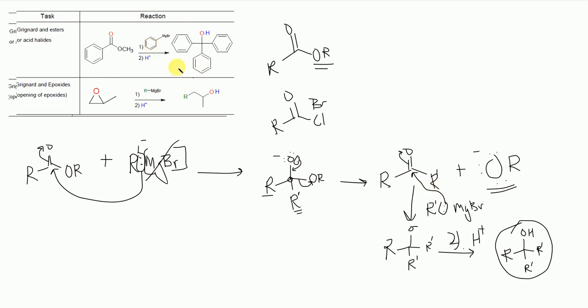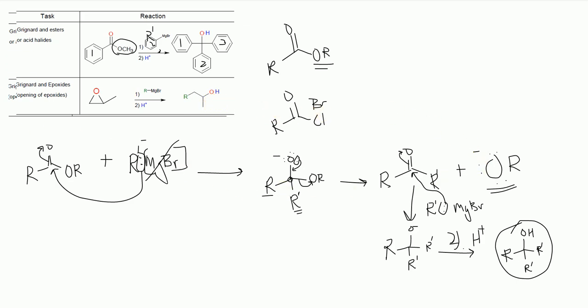So imagine this is my R prime. The first time I added one, and then I kicked off this group right here. And then the second time, once the carbonyl reformed, I added another one. So that's where the second and third rings come from. This is ring number 1, this is ring number 2, and then another one comes, and that's number 3. So you see how this works? It's nothing complicated at all.